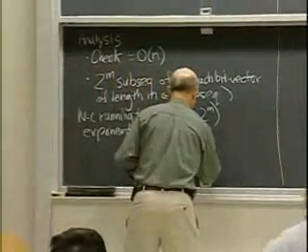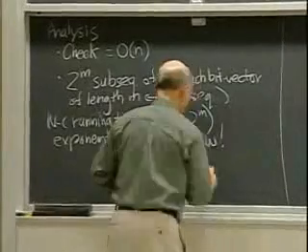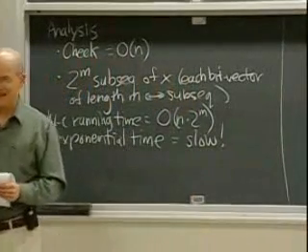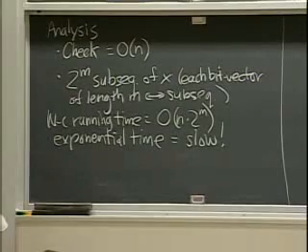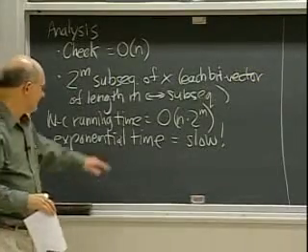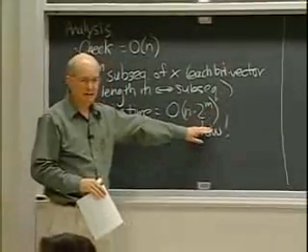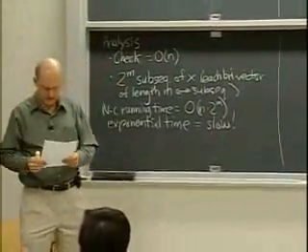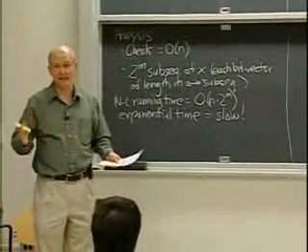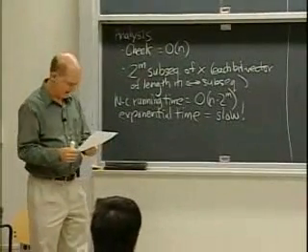Slow, good. Okay, very good. Okay, slow. So this is really bad. This takes a long time to crank out how long the longest common subsequence is, because there's so many subsequences.